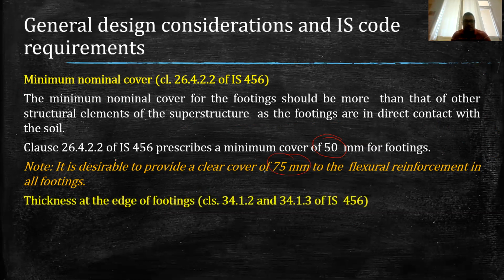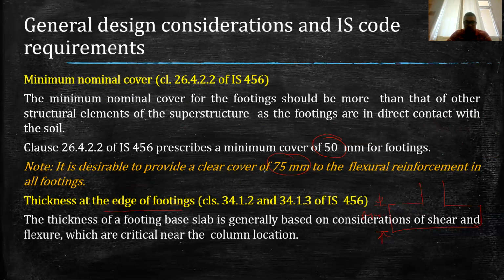Then the next consideration is the minimum thickness at the edge of the foundation. So for example, if we have this footing, what is this thickness? The IS code has recommended a minimum thickness for the footing. Basically we know that this thickness is calculated based on two main criteria: one is the bending moment and the second one is the shear force criteria.